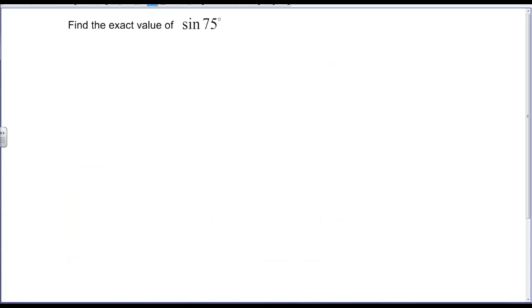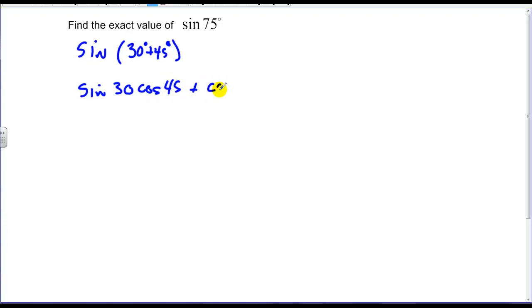So we're going to actually find the sine of 75 degrees, and the sine of 75 degrees, like we said earlier, is the sine of 30 degrees plus 45 degrees. So I use my sine identity, which is sine 30 cosine 45 plus cosine 30 sine 45. These are all known values.